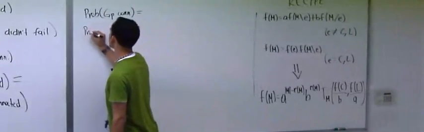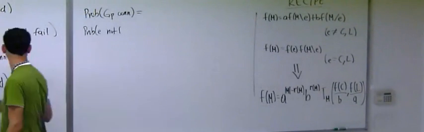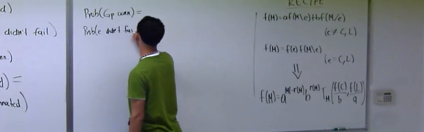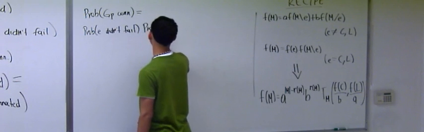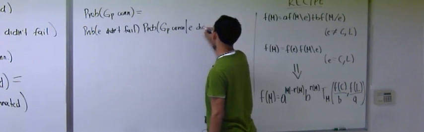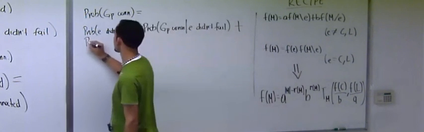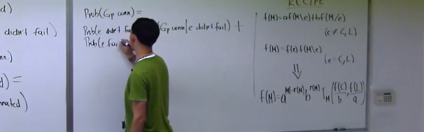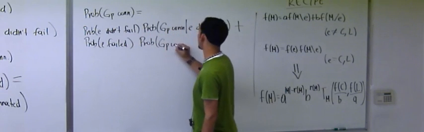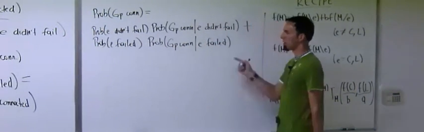So this is equal to the probability that E didn't fail times the probability that G sub P is connected given that E didn't fail, plus the probability that E failed times the probability that G sub P is connected given that E failed. And I know what every one of these terms is.